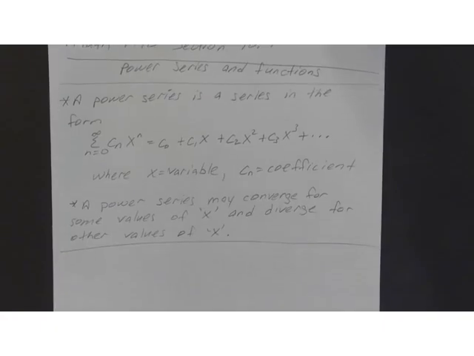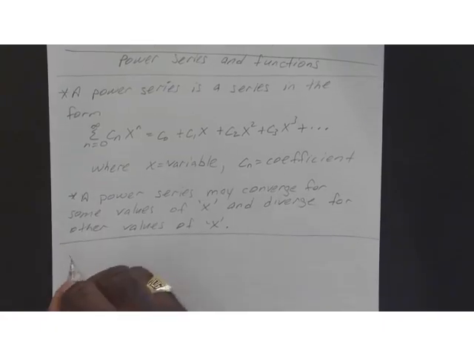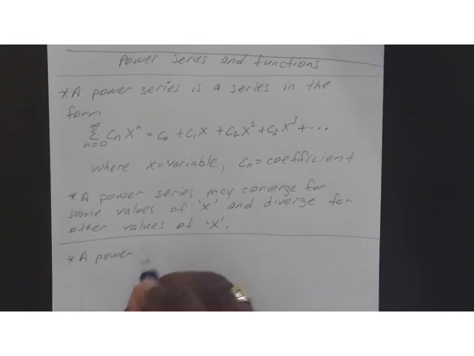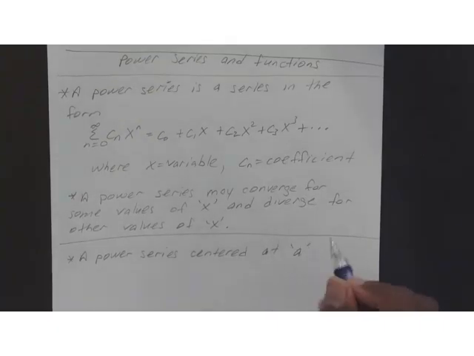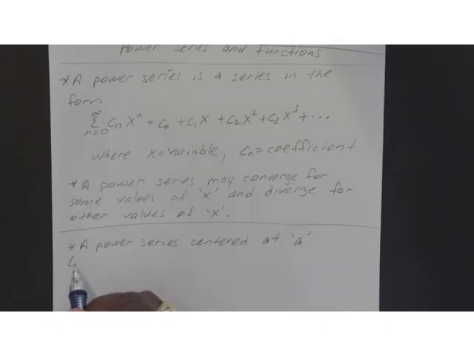Okay. Now another form of a power series is a power series that is centered at some value a. And sometimes it's also known as a power series centered about a.